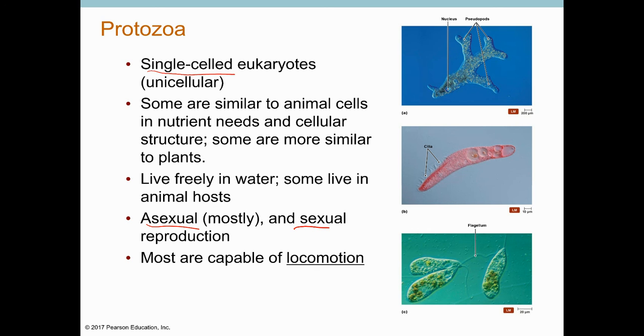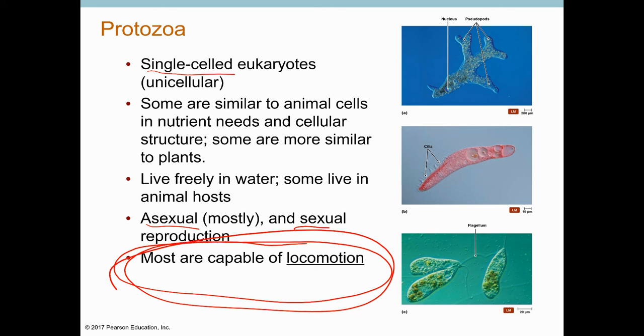We will look at some protozoans in lab, but they won't be alive if they are pathogens, and if we do look at live specimens, they will not be pathogens. The main thing about protozoans is they have different means of locomotion.